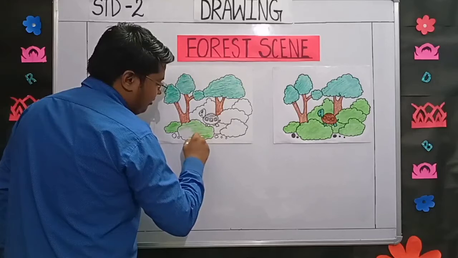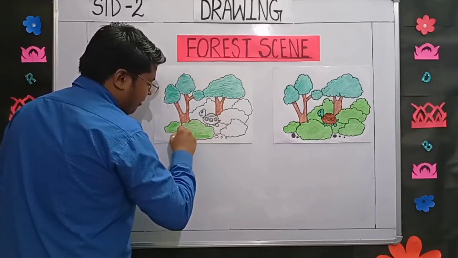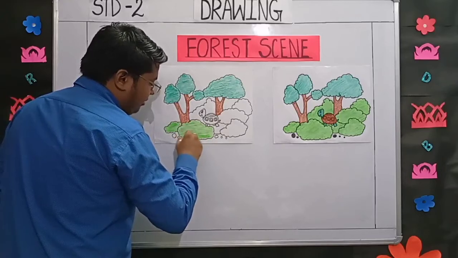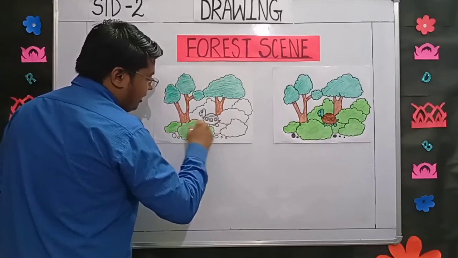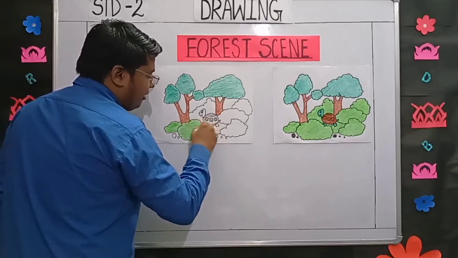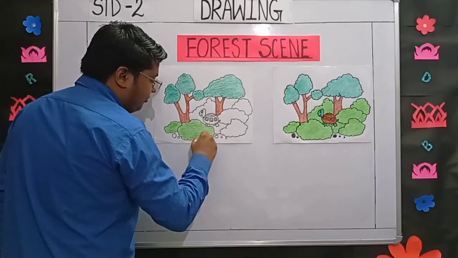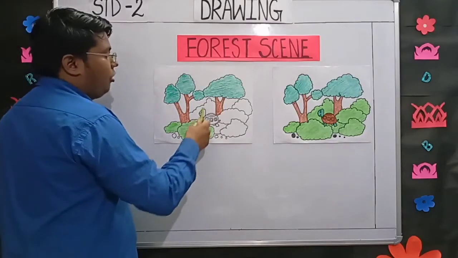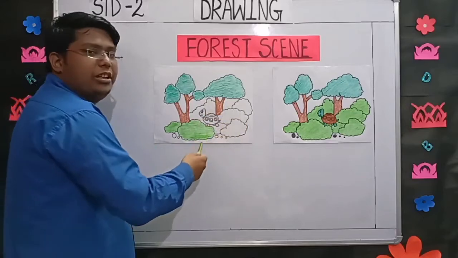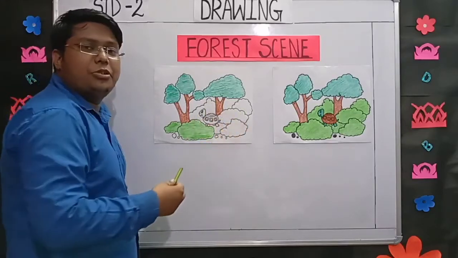In one direction only. And if you are finding some white patches, what you have to do? You have to recolor it. Just recolor the white patches. Now, we will color all these bushes similarly.